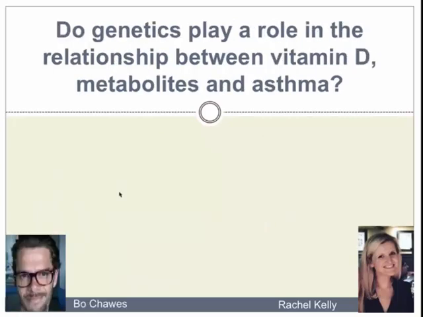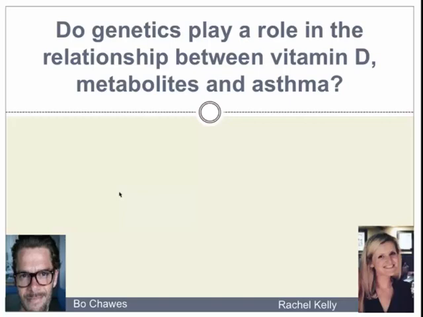Okay, so now I'm going to add the next layer of complexity to this story. We've now seen how vitamin D may operate in conjunction with metabolites to reduce asthma risk. But what about genetics? The beginning of this talk emphasized the importance of all these other things operating in the context of disease development.